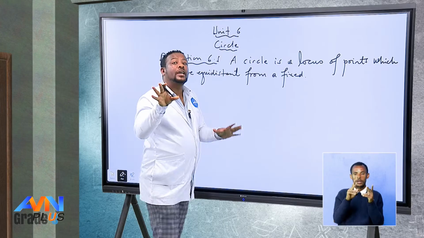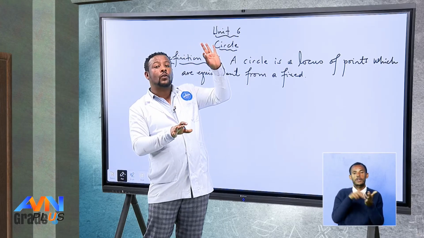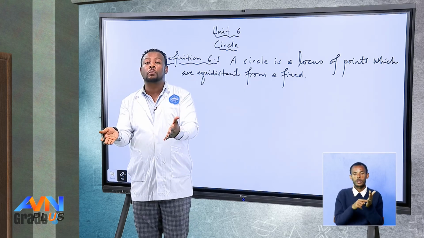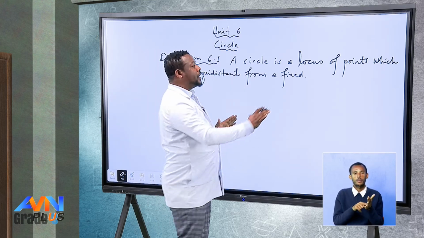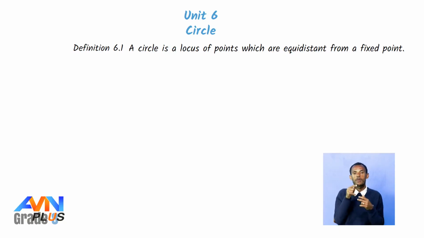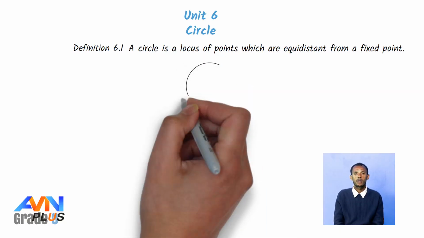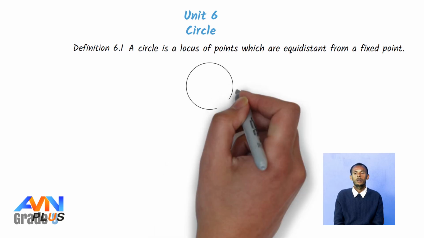In a circle there is a fixed point, and each of the collection of points is equidistant from the fixed point. Geometrically, if you have a certain circle, there is a fixed point.